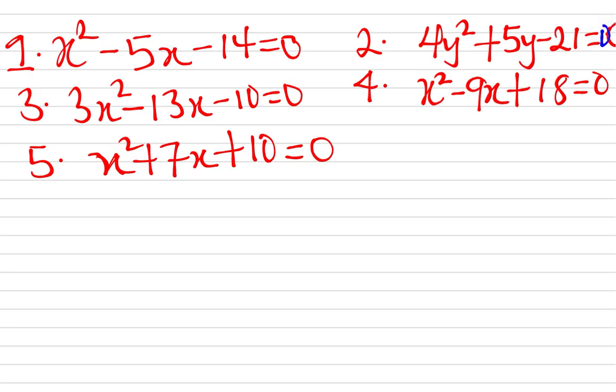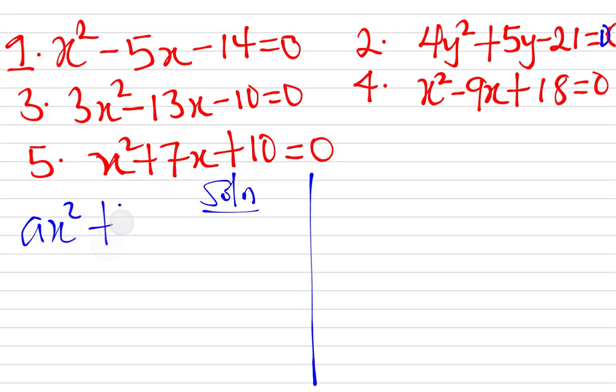So now we have the first question here. The first question says that we want to solve x squared minus 5x minus 14 equals 0. So our solution. Now, our form is ax squared plus bx plus c equals 0. This is the general form of a quadratic equation.